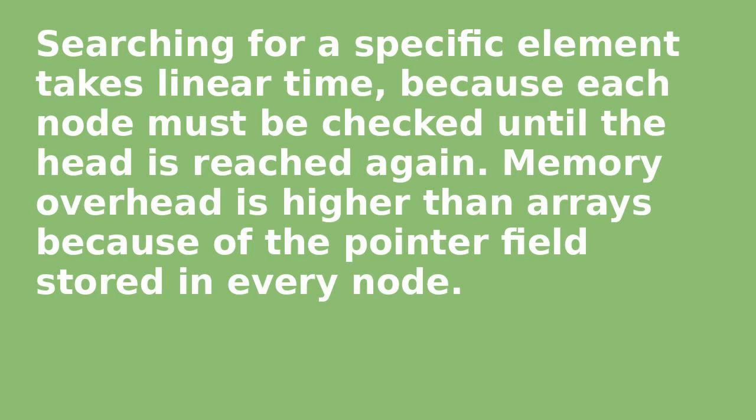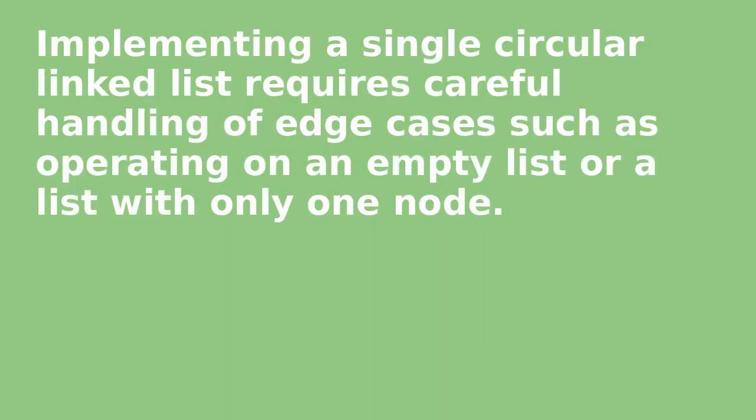Searching for a specific element takes linear time, because each node must be checked until the head is reached again. Memory overhead is higher than arrays because of the pointer fields stored in every node. Implementing a single circular linked list requires careful handling of edge cases such as operating on an empty list or a list with only one node.